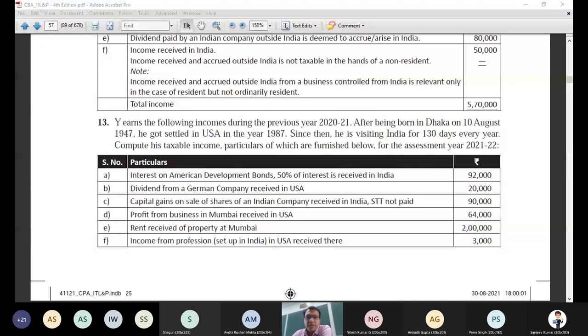Some figures are there on the next page also. So I will discuss only these points. If you have taken the screenshot, please raise your hand. Hurry up, take the screenshot and raise your hands.